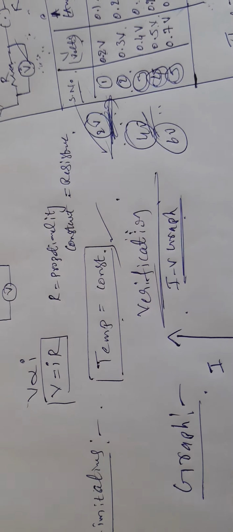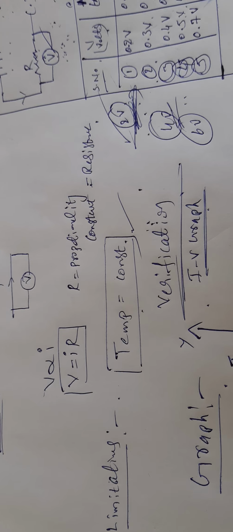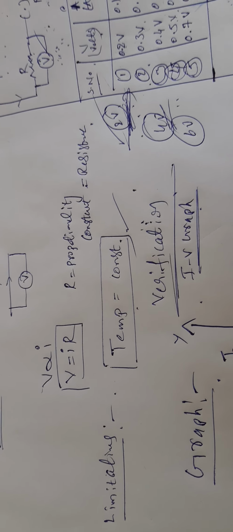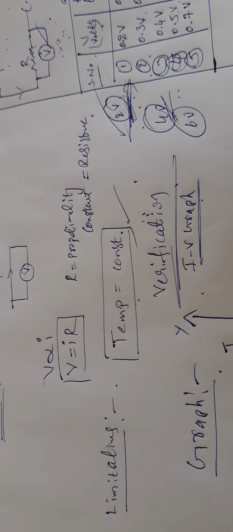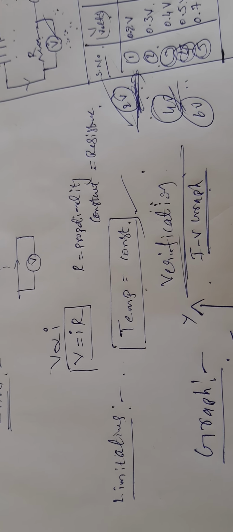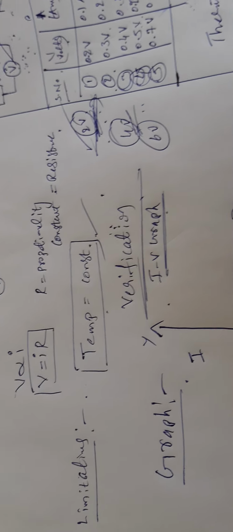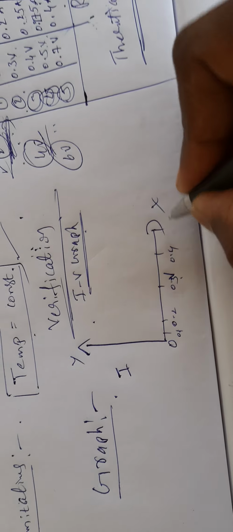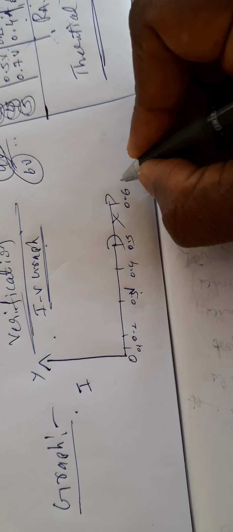So the values, across the x-axis, the voltage: 0, 0.1, 0.2, 0.3, 0.4, 0.5, 0.6 volts.